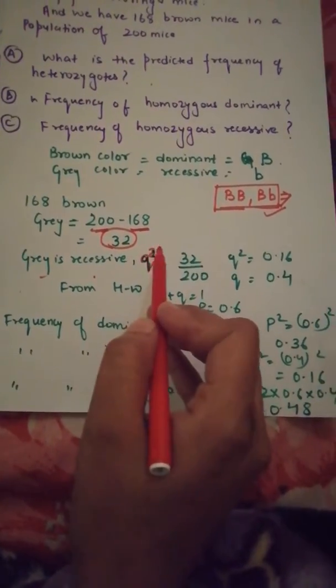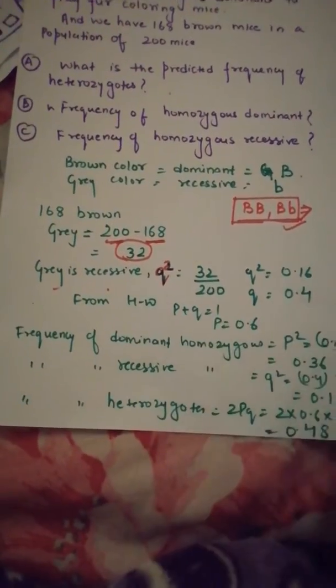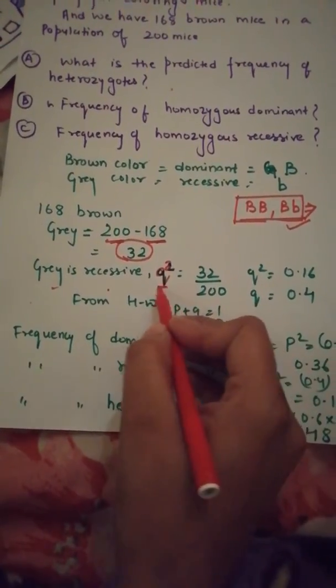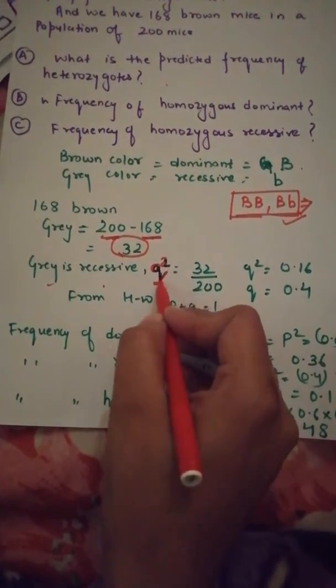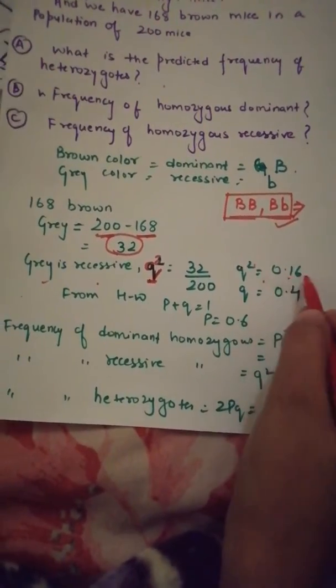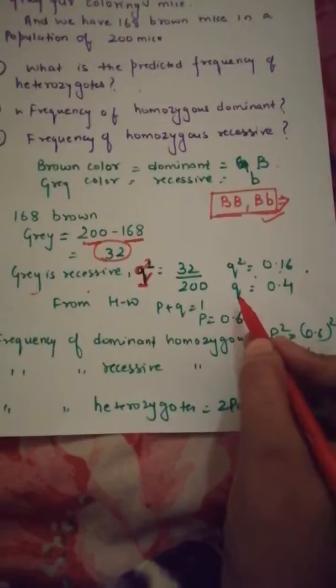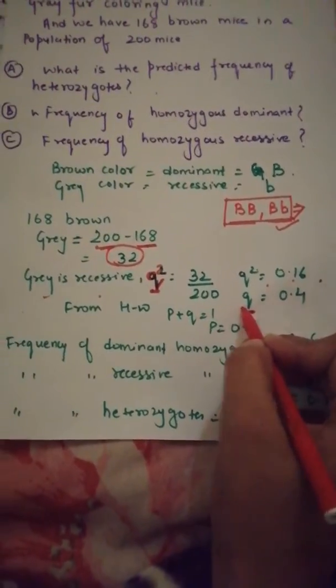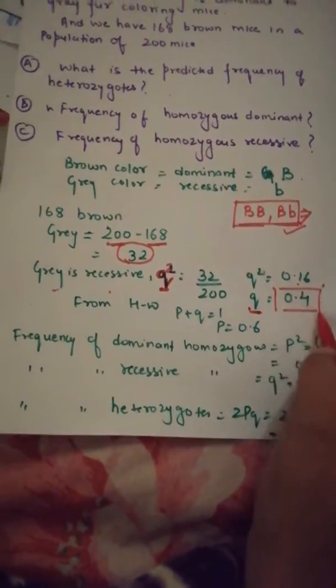That is, the frequency of the predicted genotype of the recessive allele, the recessive genotype. So q squared is equal to 0.16. So q, the frequency of the recessive allele that causes grey fur, is equal to 0.4.